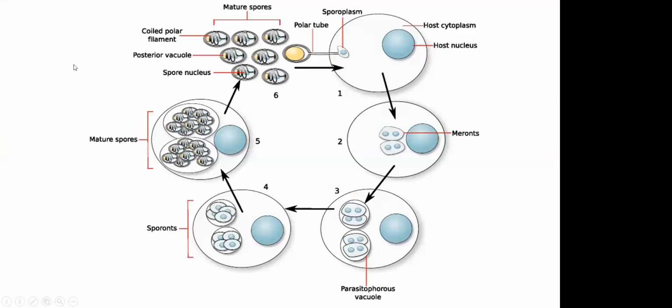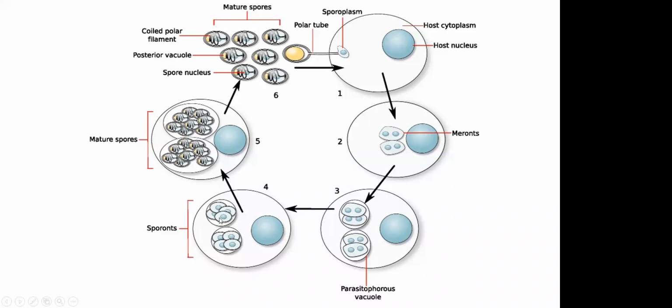So once inside the host cell, this is the process we've been talking about, with the sporoplasm, basically the nuclear material inside the host cell. Then there's a process of cell division, going through a meront and then sporont stage.